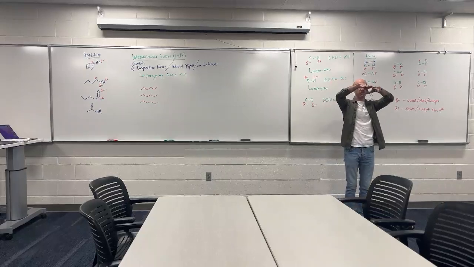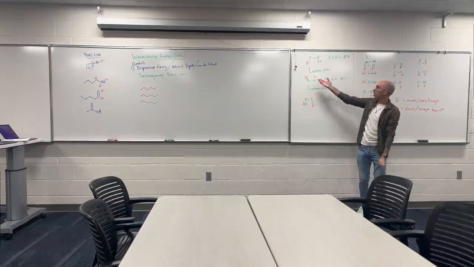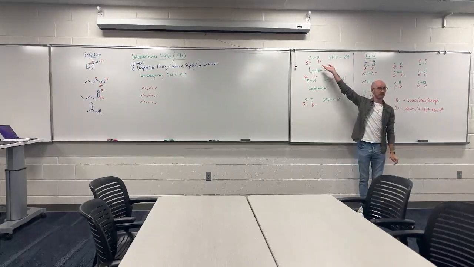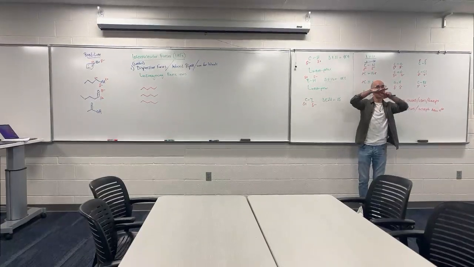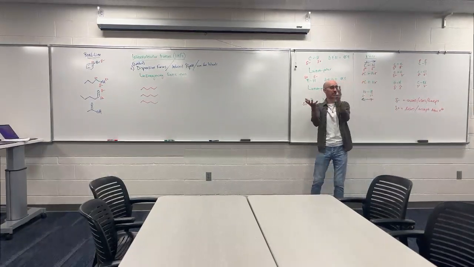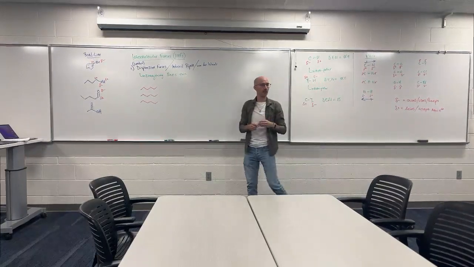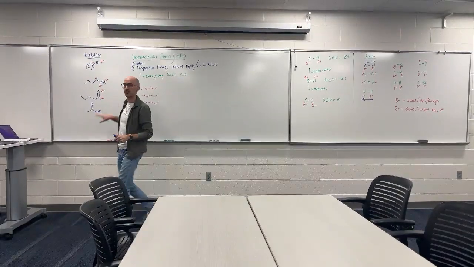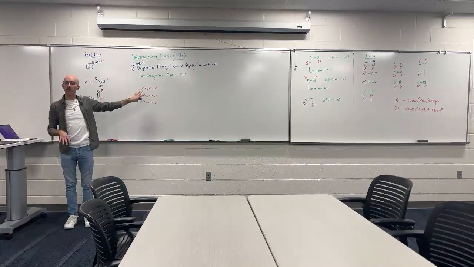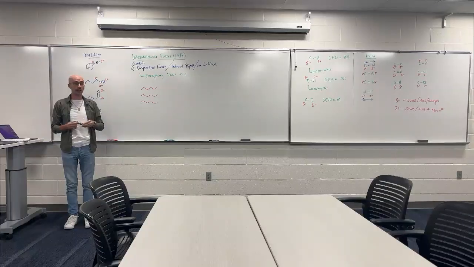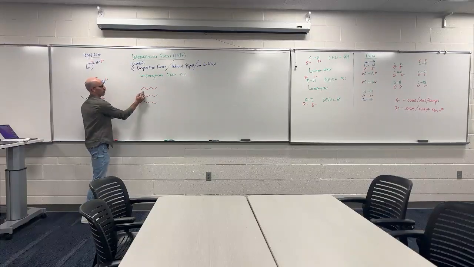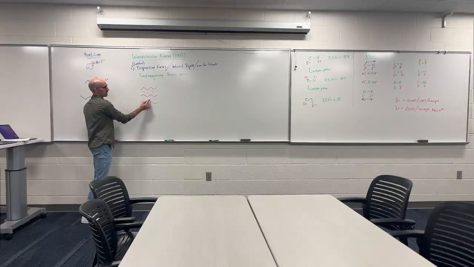Despite that, the outside of them is all the same. It's all partial positive. There's no region of this molecule that's more negative or more positive. So this is basically just nothing, a very bad magnet. So it experiences dispersion forces between its molecules.